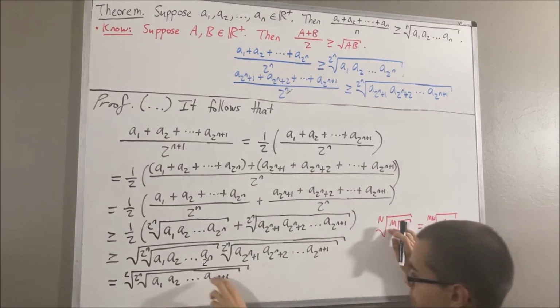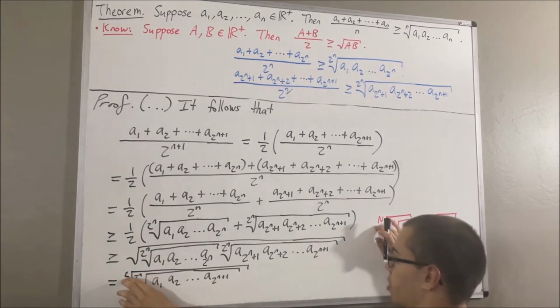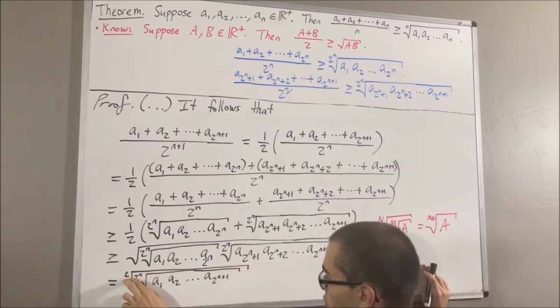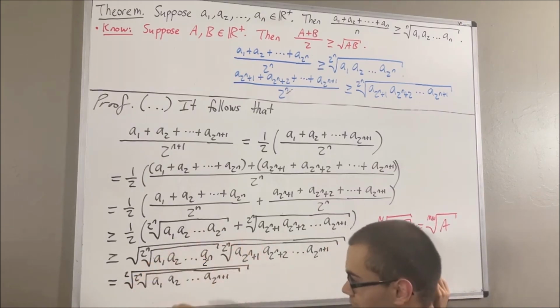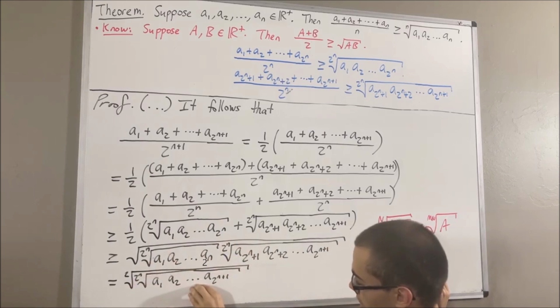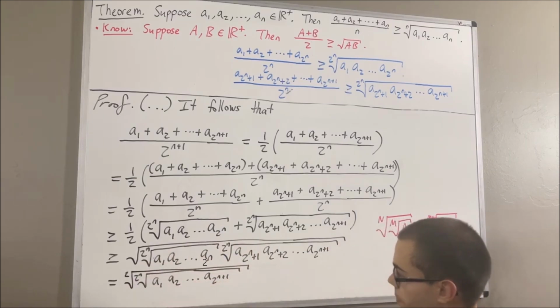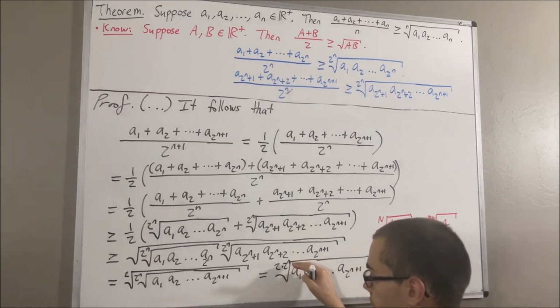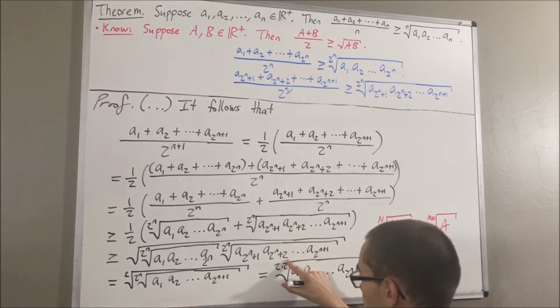We take capital M to be 2 to the n and capital N to be 2. Then this entire thing is equal to the 2 times 2 to the nth root of a1 times a2 times dot dot dot times a sub 2 to the n plus 1. But 2 times 2 to the n is equal to 2 to the n plus 1.